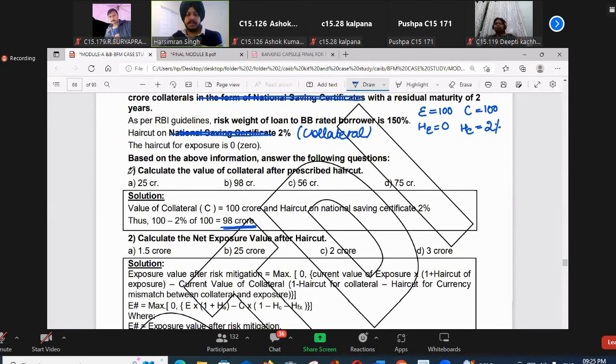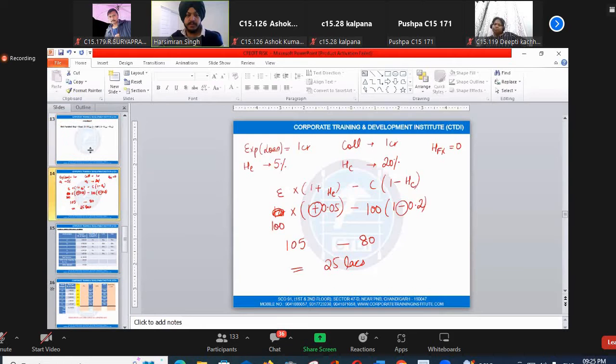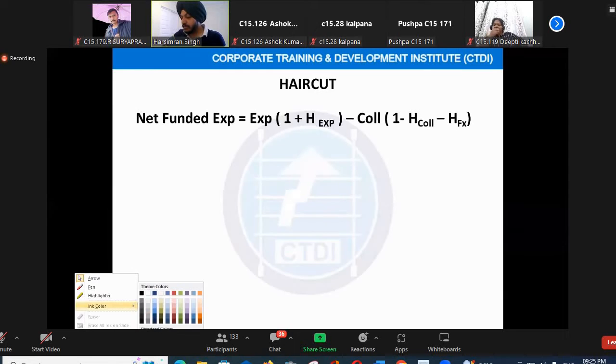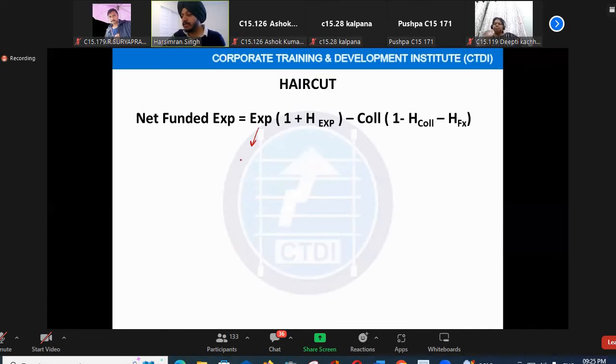Next, what is the net exposure value after haircut? Look here. Net exposure value is, see this. In this case, what is my exposure value? Exposure value is 100 crores. What is the haircut on exposure? 0. Collateral is 100 crores. Haircut on collateral is 2%. 2% can be written as 0.02. Foreign currency mismatch, everything is in same currency. This is 0.